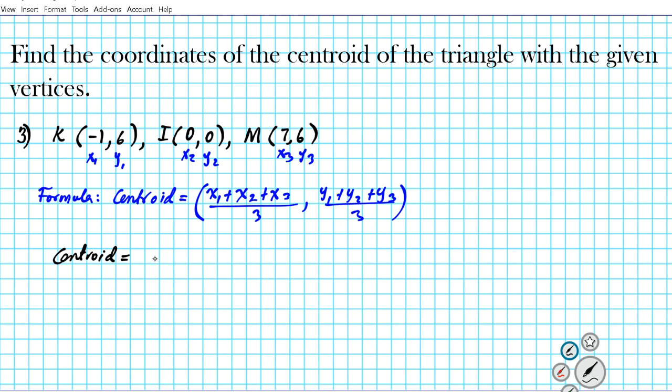So the centroid is x1 plus x2 plus x3, divide that by 3. And then for the y's, y1 plus y2 plus y3, that divided by 3.